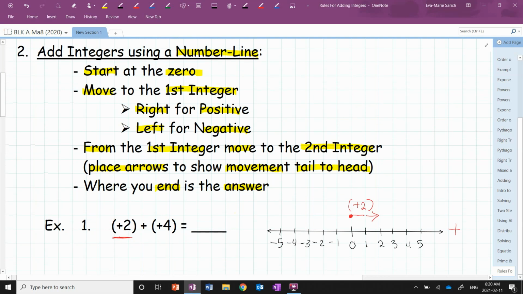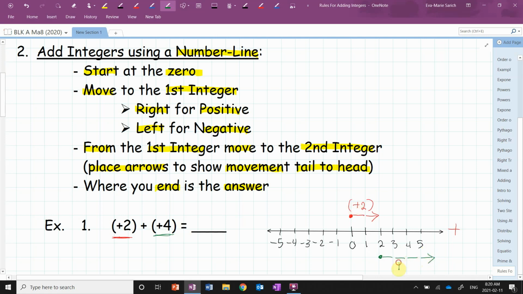Now, I'm going to add to that positive 4. So my next integer is still going to go in the positive direction, but I'm going to start where I left off here. So I left off at 2, so I'm going to start at 2, and I'm going to go in the positive direction. 1, 2, 3, 4. So I'm going to end up there.